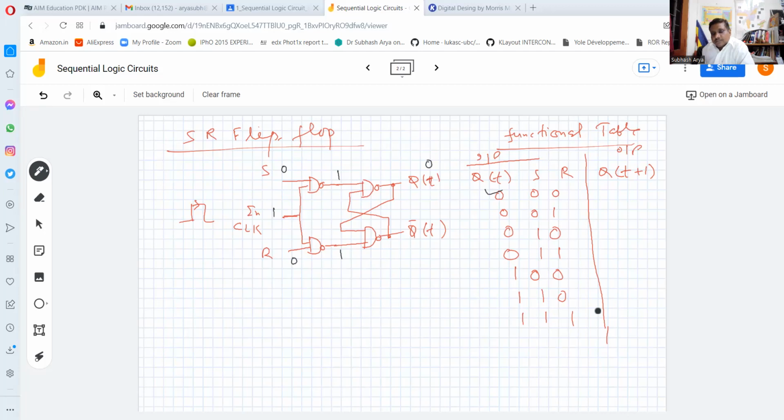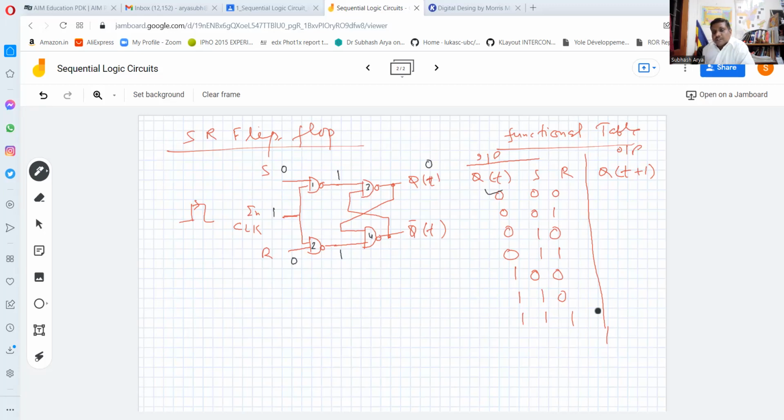Now for these NAND gates, let me write the numbers 1, 2, 3, 4. One of the inputs of NAND gate number 3 is 1. Similarly, one of the inputs of NAND gate number 4 is 1. So we cannot determine the output unless we know the status of the other input.